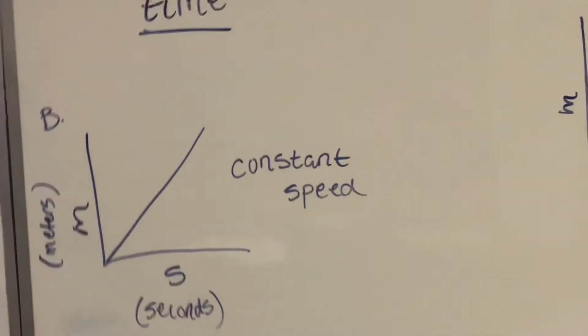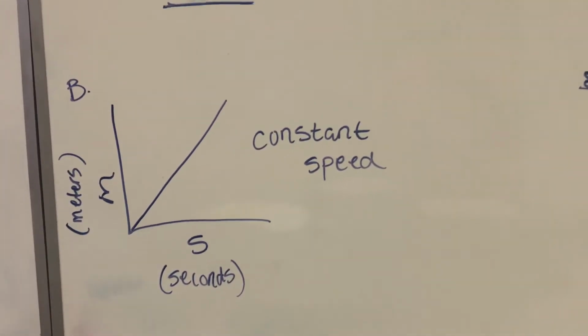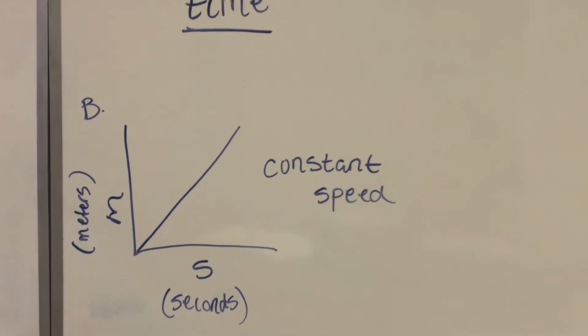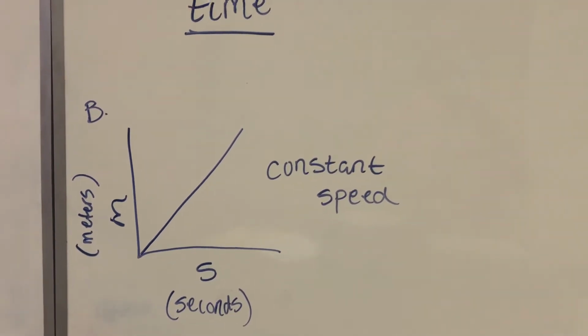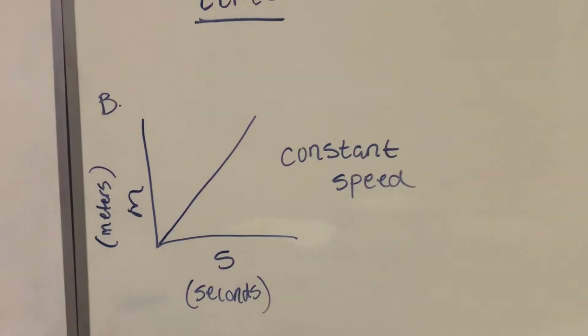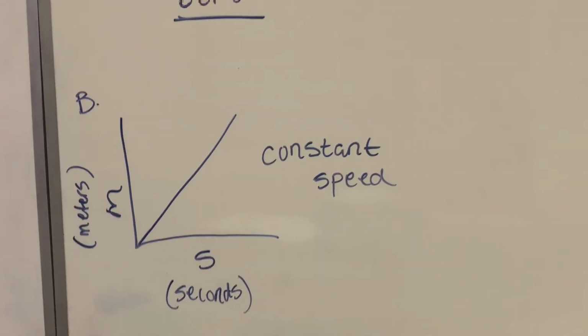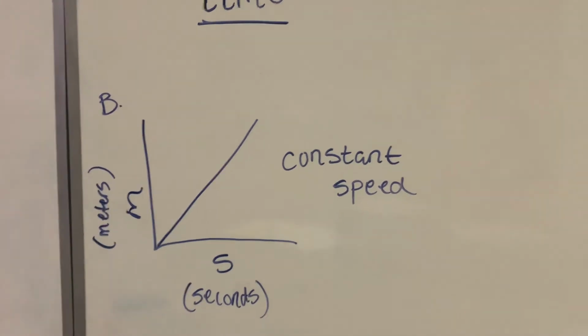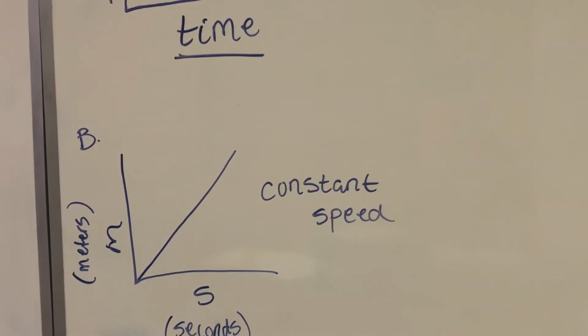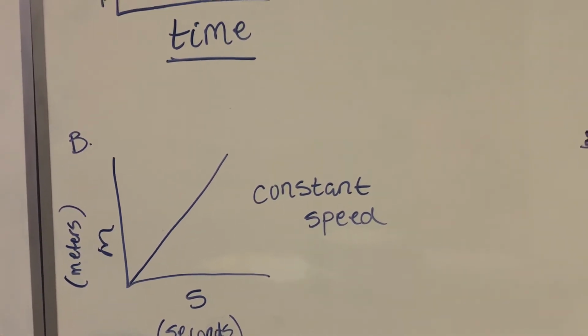Okay, let's go down to B. Show constant speed. Again, meters is on your y-axis and seconds on your x-axis, independent, dependent variables. Constant speed is a line that is going straight up, rise over run, at a constant movement.